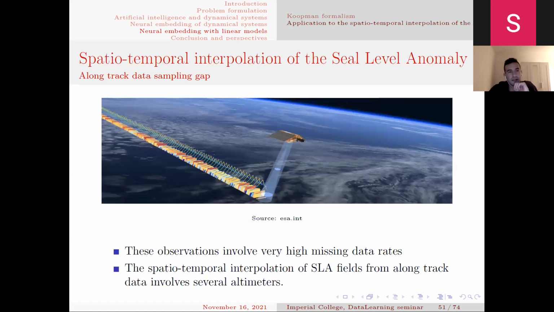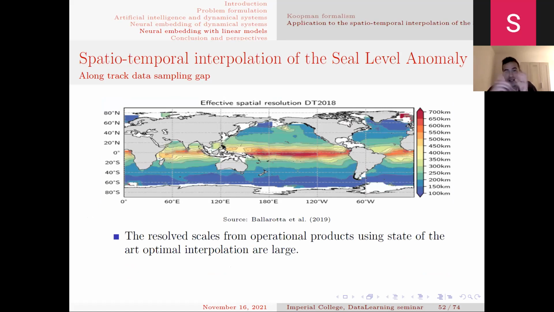Now, some talk about the spatiotemporal interpolation issues that we addressed during this work. We considered as a case study the spatiotemporal interpolation of sea level anomaly, which involves extremely high missing data rates, which leads in practice to a relatively low effective spatial resolution.